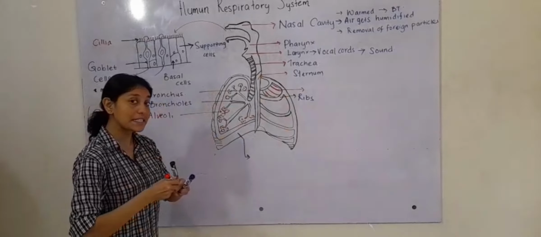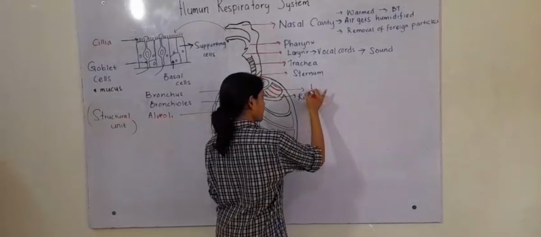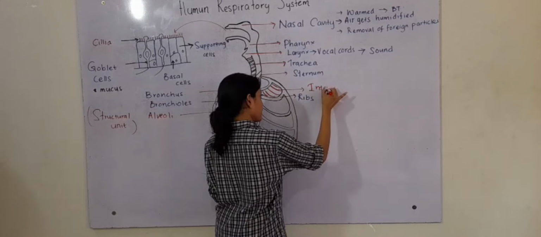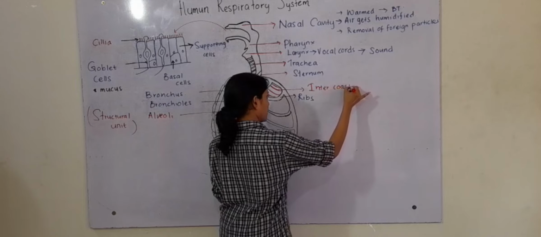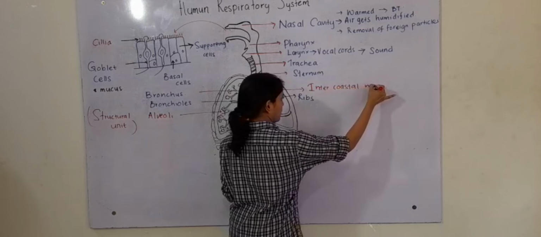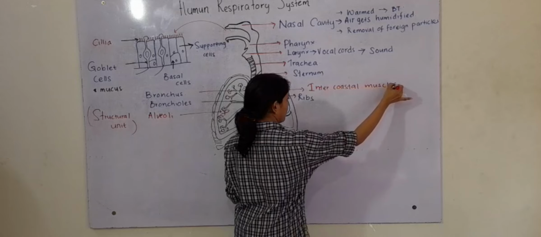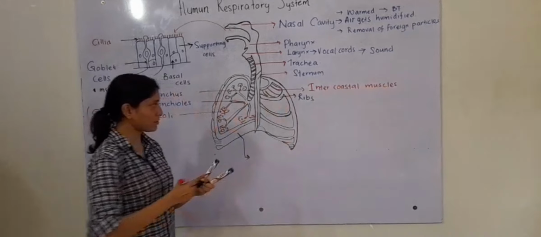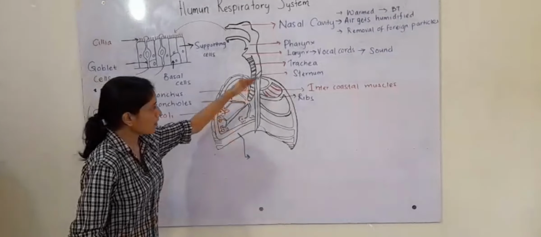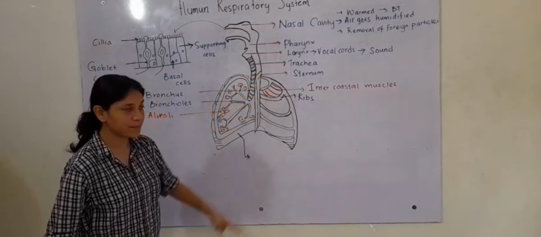It is called the intercostal muscles. These intercostal muscles are lying in between the ribs.